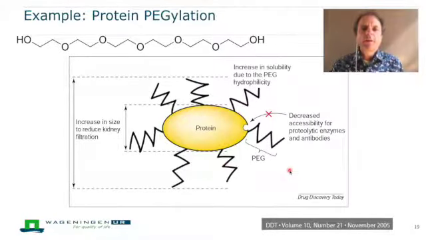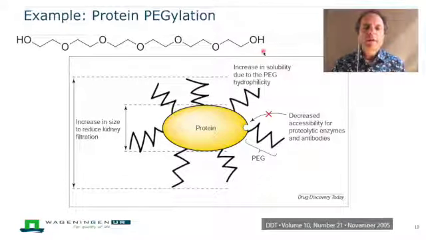One chemical method that is often applied for protein modification is so-called pegylation. Pegylation stands for the attachment of a polyethylene glycol chain to a protein. Polyethylene glycol, the structure of which is depicted here on top, is a polymer of ethylene glycol, which may consist of 20 or 50 or even more units. By attachment of a polyethylene glycol chain to a protein, several advantages occur.